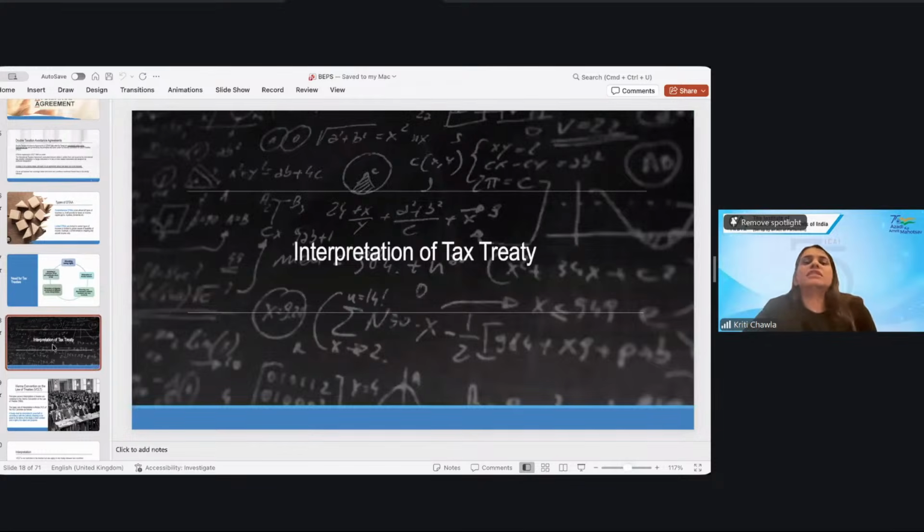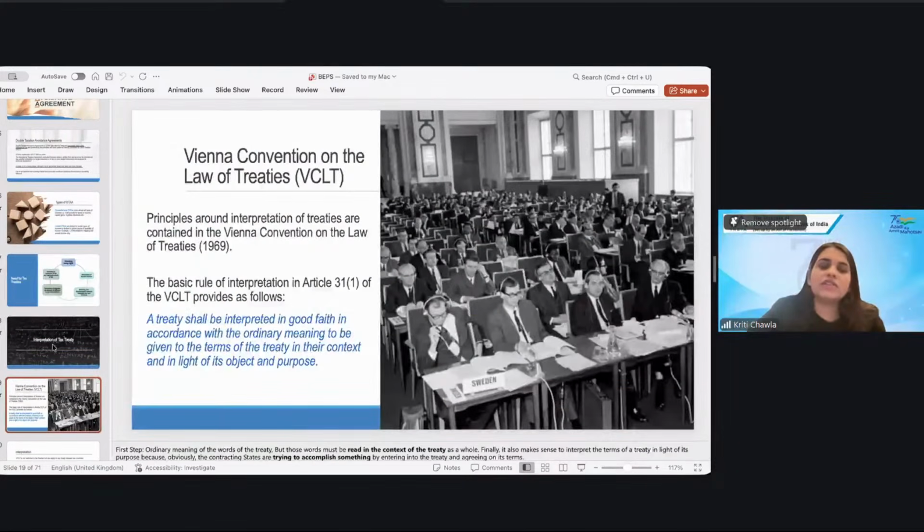But then the thing is, how do you really interpret a tax treaty? For the purposes of interpretation of tax treaties, there is something called the Vienna Convention on the Law of Treaties. As I mentioned, VCLT is sometimes also called a treaty of treaties. All the principles around the interpretation of tax treaties are contained in VCLT.